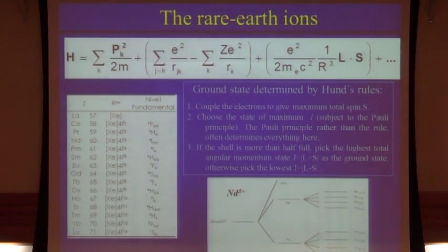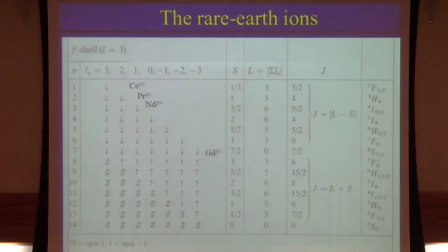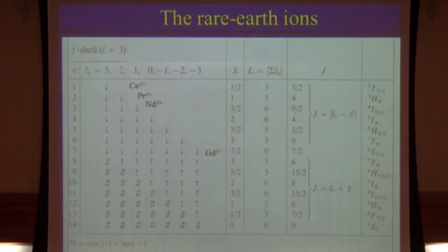Okay, so to determine the spin-orbit ground state, you just use Hund's rules. You couple the electrons to give the maximal total spin, and you choose the maximal L. If the shell is more than half full, the lowest state will be J equals the modulus of L plus S, and otherwise the lowest will be L minus S. So I'm just showing some of the examples that I'm going to use in my talk.